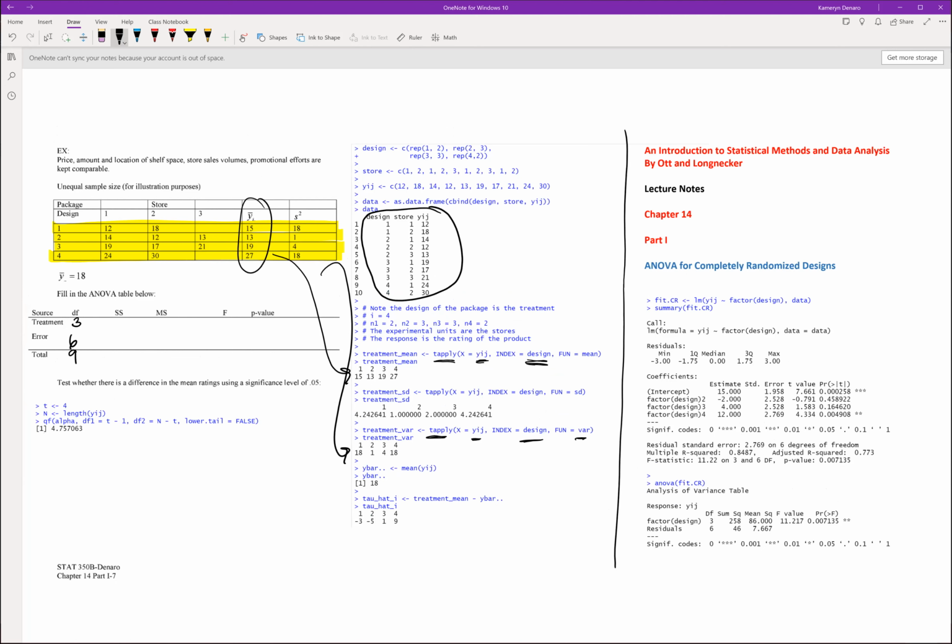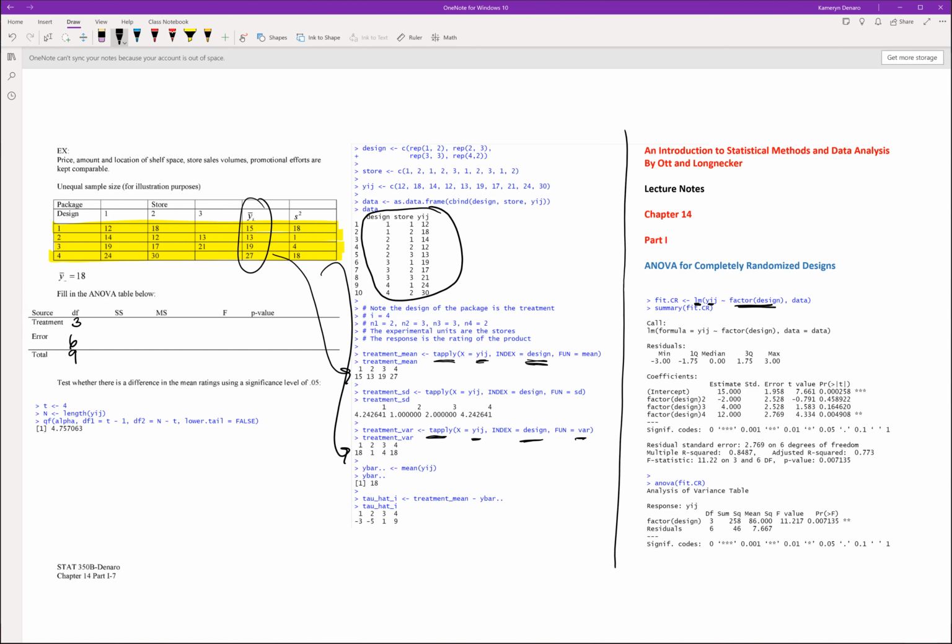Now, if I wanted to, I could do all the calculations by hand that we showed the formulas for, or I could fit a linear model in R using the lm function. We're going to have our response follow our factor of design. Now, the reason I put factor design here is because this is a categorical variable. So we have 4 different groups. So I designated that using the factor command.